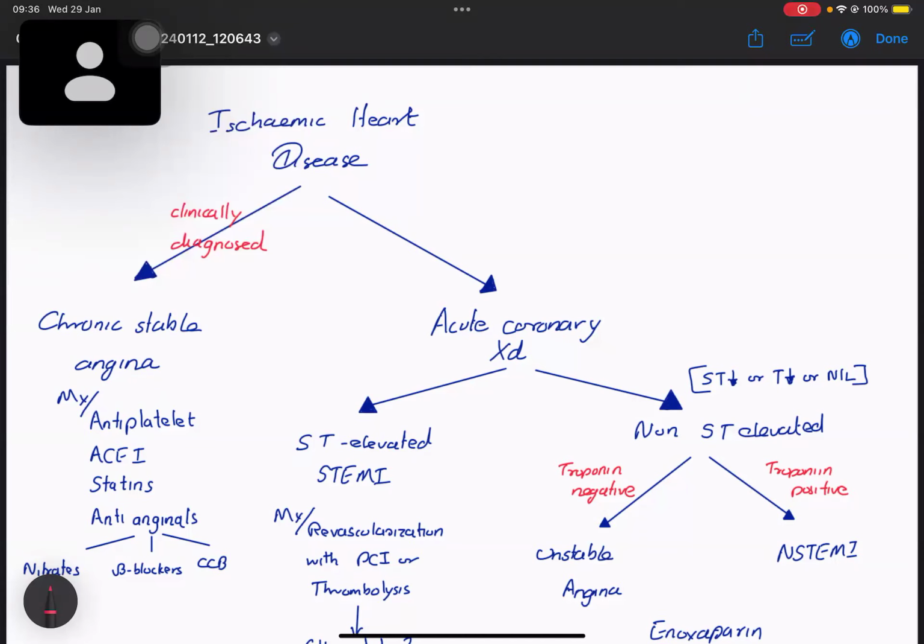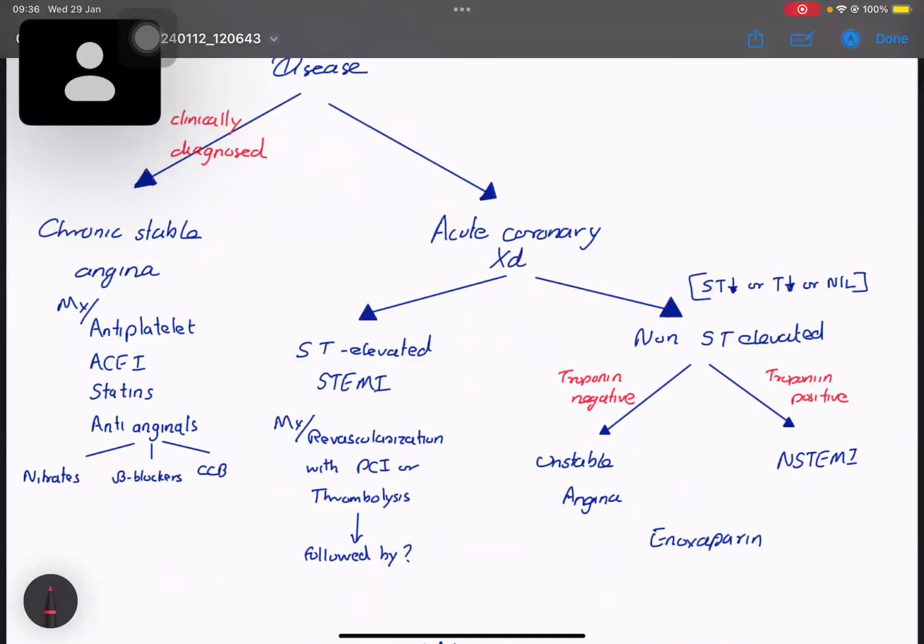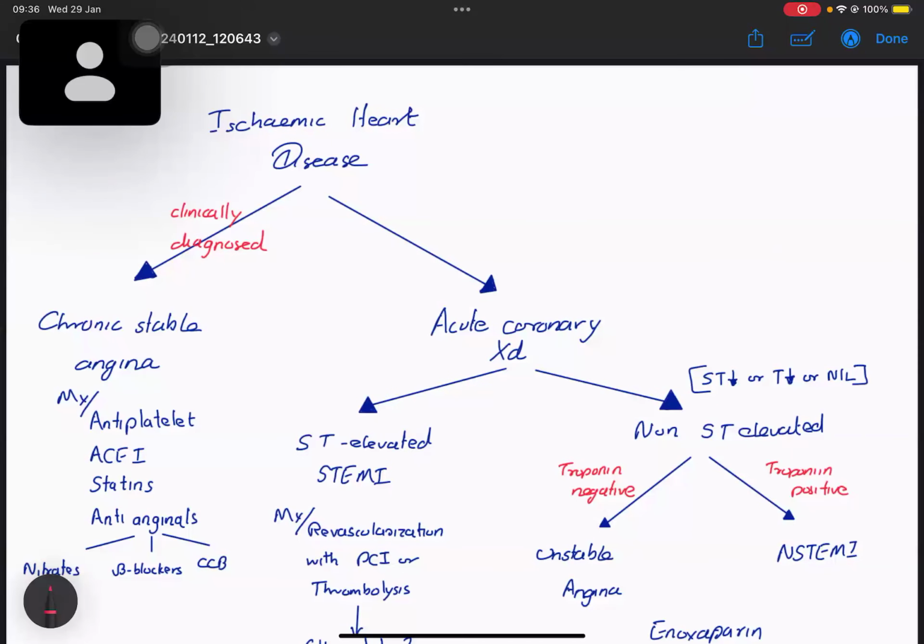Okay, in ischemic heart disease, there are chronic stable angina and the other, acute coronary syndrome. Usually, the blood vessels which supply the heart muscles are blocked, and this is known as ischemic heart disease. There's chronic stable angina, where the patient experiences chest pain on exertion only, but not at rest.